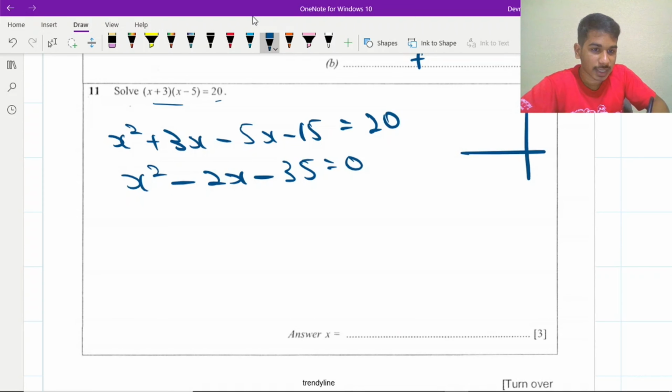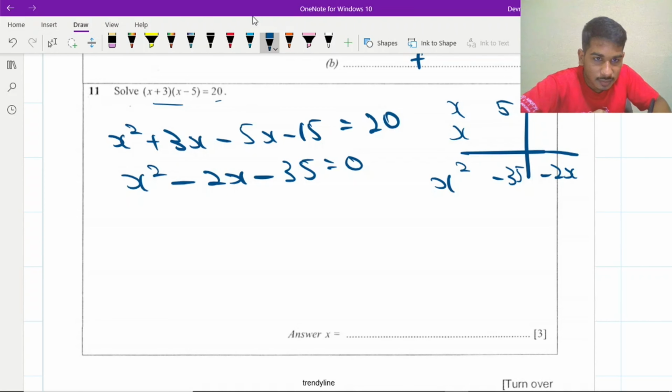Now we're back to quadratics again. X squared, negative 35, negative 2x. Okay, 5 times 7, yeah, 5 times 7. It should be negative here, so negative 7x and 5x. Yeah, there we go, works.